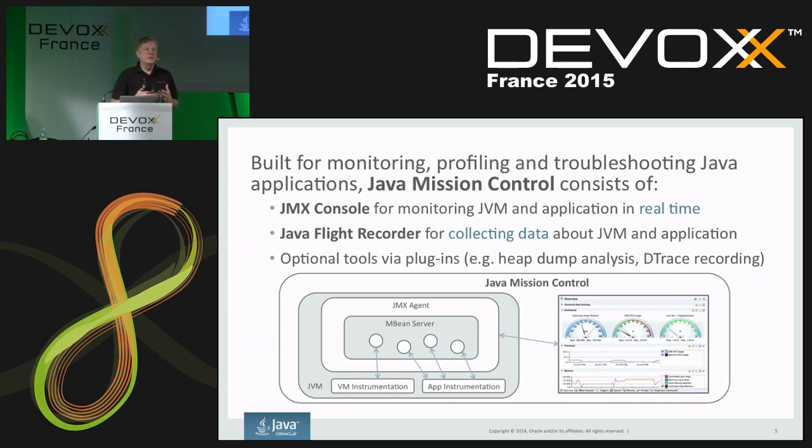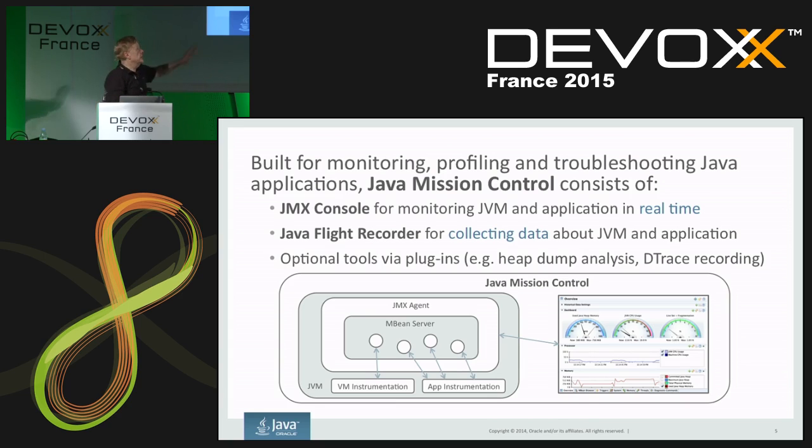Then we have the Java Flight Recorder. That's for collecting data about the JVM and an application over time, so it's good for profiling an application. Also, Java Mission Control has some optional tools via plugins for heap dump analysis, for dtrace recording, and other kinds of things that you can get with plugins.